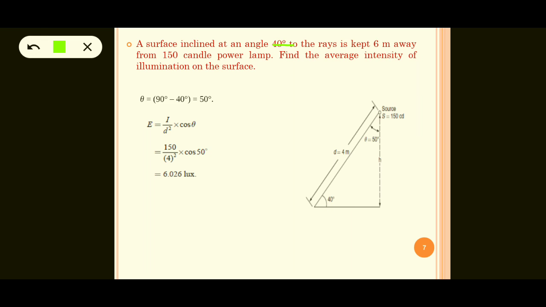So theta becomes 90 degrees minus 40 degrees, which is 50 degrees.